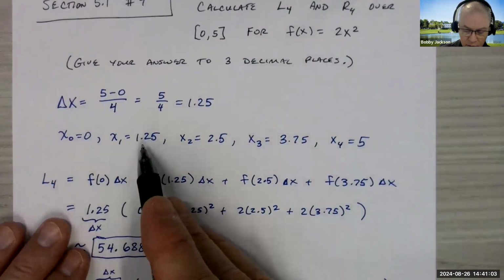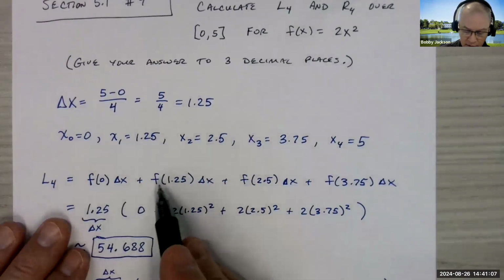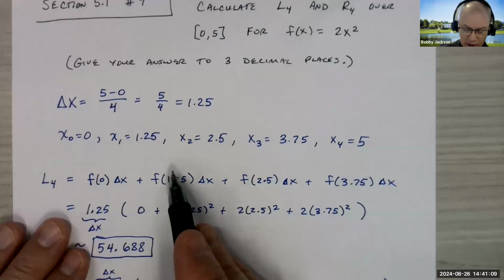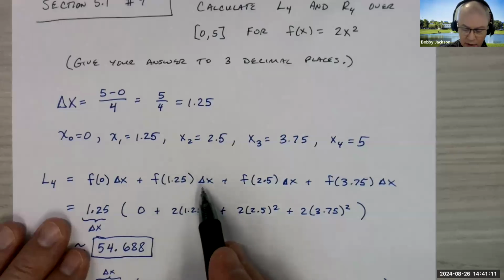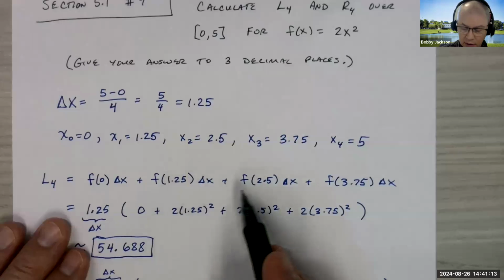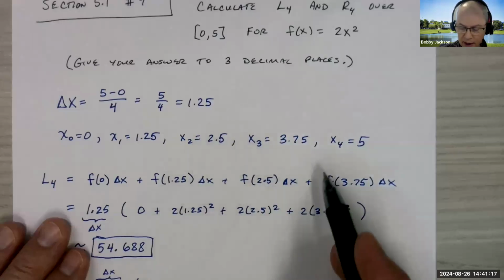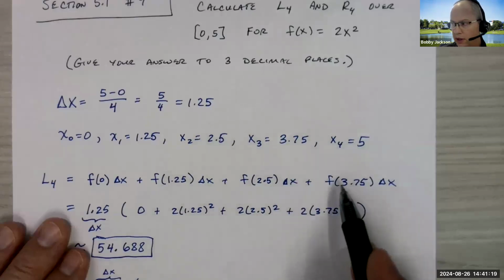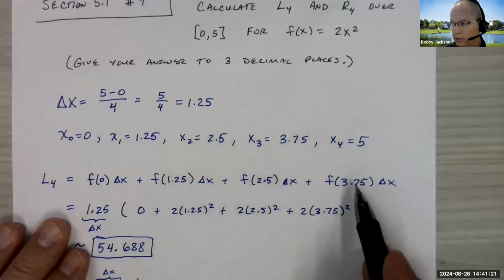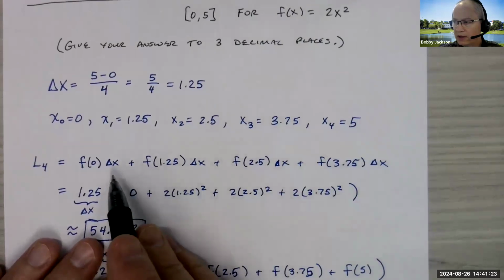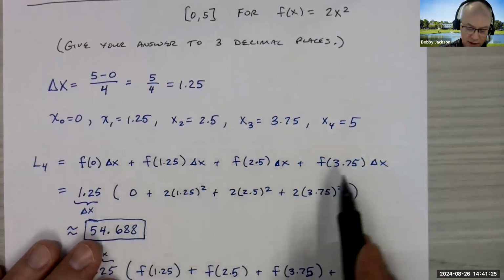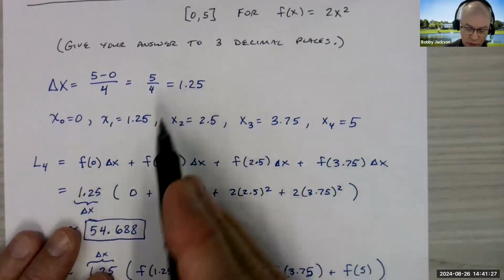The second interval from 1.25 to 2.5 will have a left-hand endpoint of 1.25. So I evaluate the function at 1.25 to get the height, times the same width, to find the area of that rectangle. The third subinterval, the left-hand endpoint is 2.5, and the last subinterval, the left-hand endpoint is 3.75. So I'm going to factor out the delta x from each one of these, and remember delta x is 1.25.